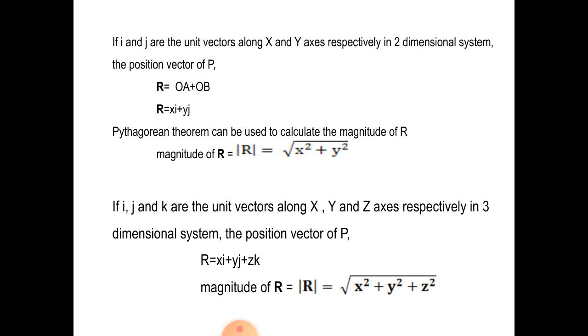If i, j and k are the unit vectors along x, y and z axis respectively in the three-dimensional system, the position vector of P, R is equal to xi plus yj plus zk, then the magnitude of R is equal to root of x square plus y square plus z square.